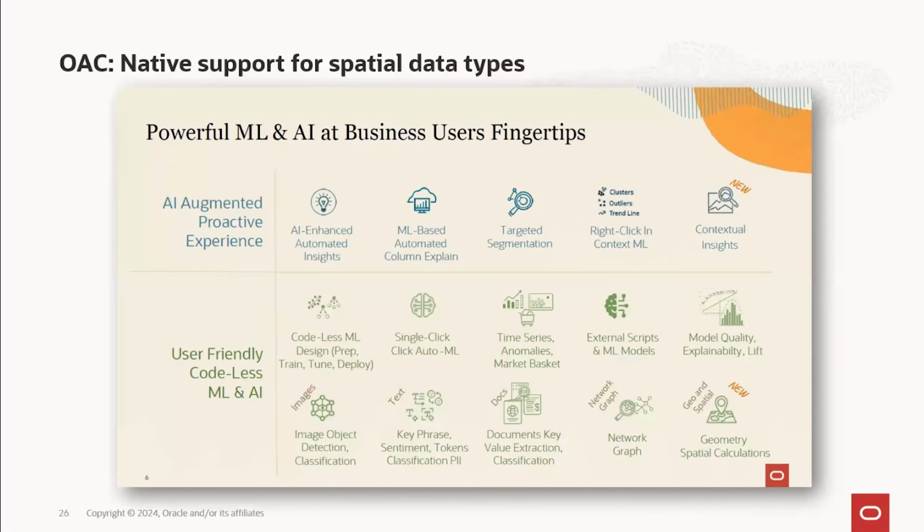So this was more an overview of all the things that you can do with OAC. But the important point was that a lot of the examples that he talked about were not just about viewing things on a map, but actual spatial analysis, drill up, drill down, and things like that.